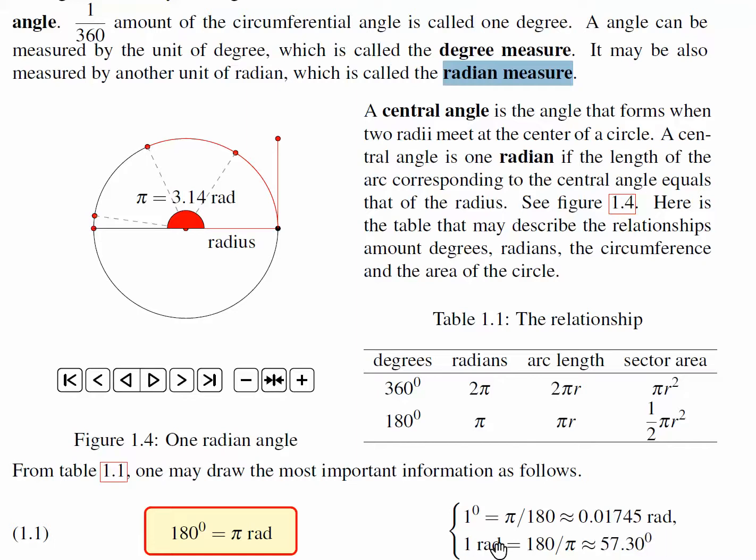Exactly, 1 radian is about 57.30 degrees. So how large was this one? This red marked angle, this angle marked by the red sector, is 57.30 degrees. All right, please review this lecture. I'll see you next time.